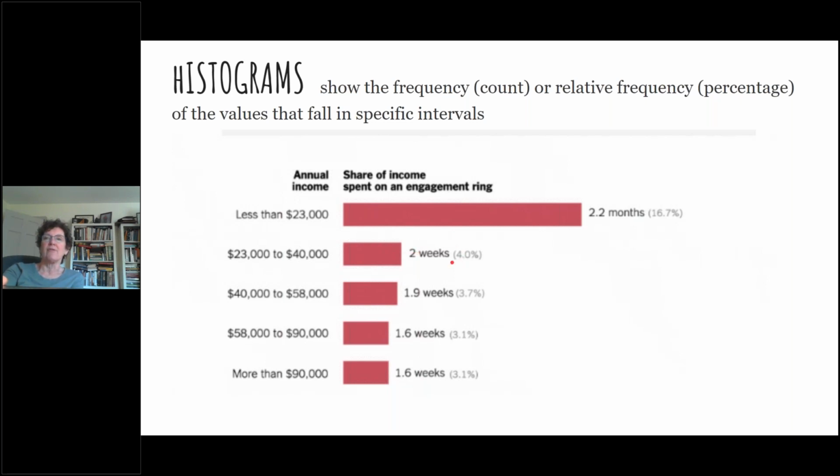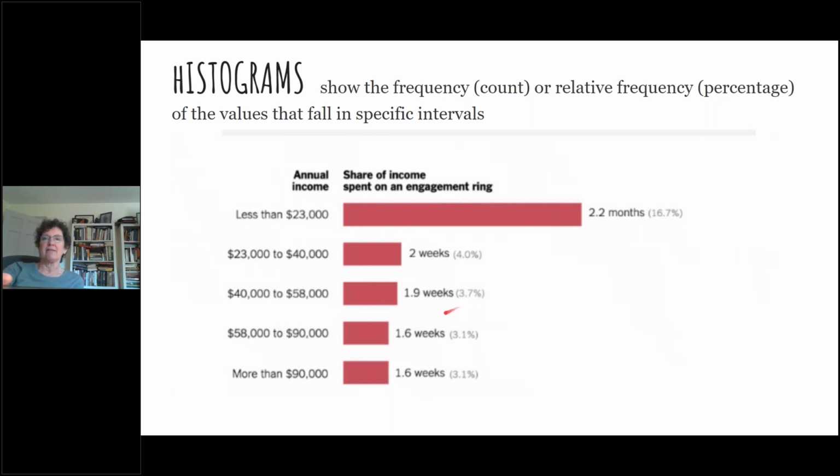And they're telling you that that 2 weeks is 4%. So they spent 4% of their annual income on an engagement ring. If you made $40,000 to $58,000, you spend a little bit less, 1.9 weeks, or 3.7% of your total annual income.